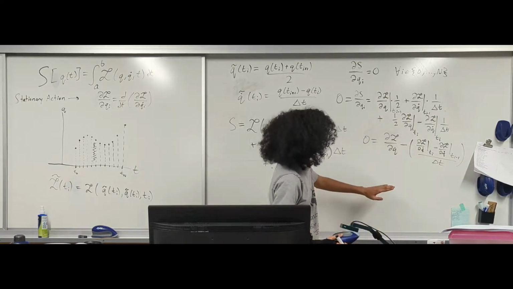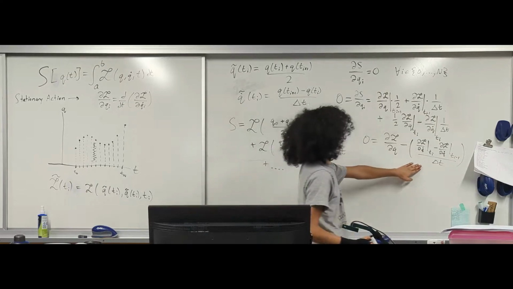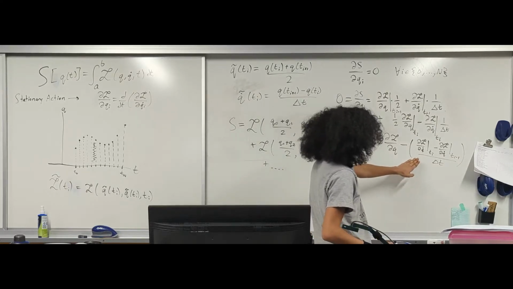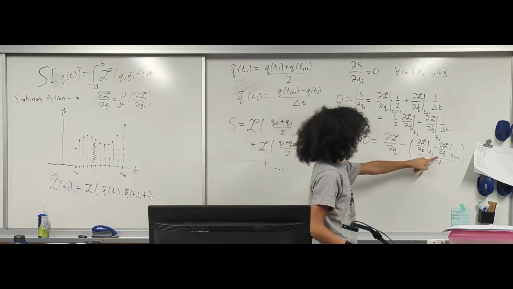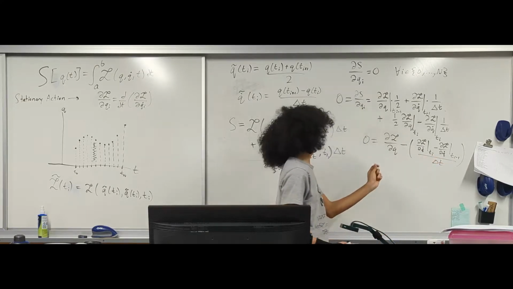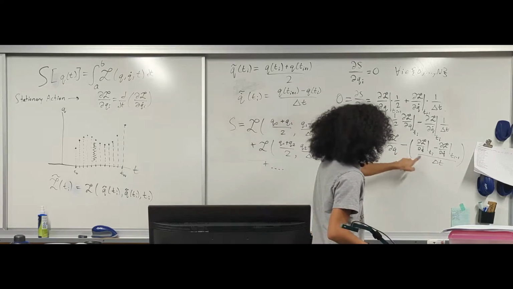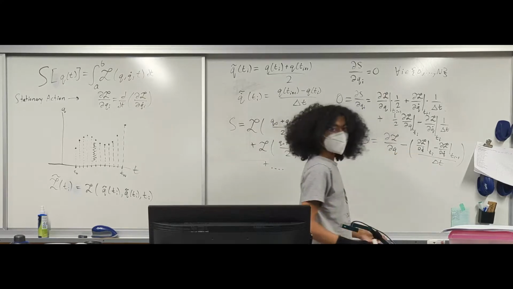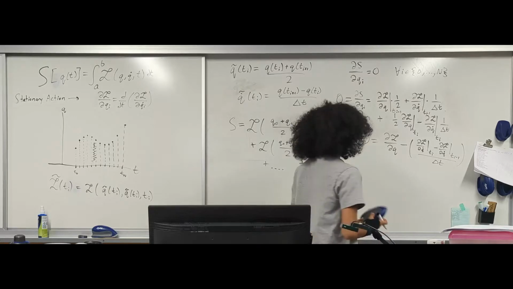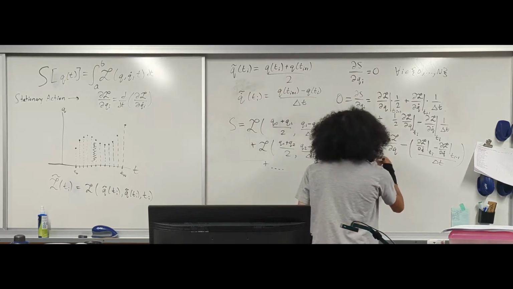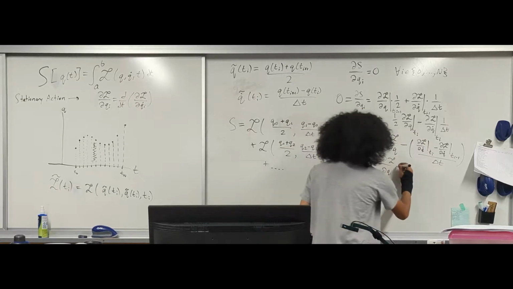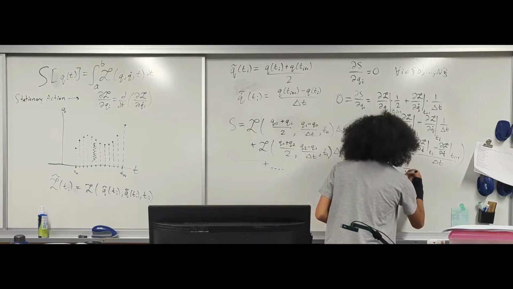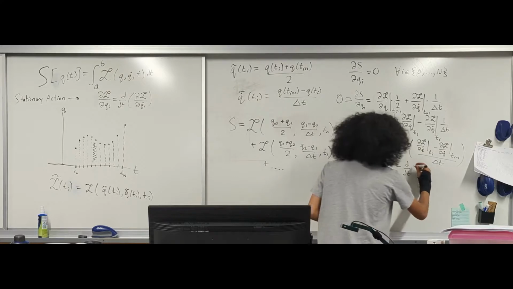And I know it's a bit slanted, but bear with me. If you take the limit as delta t gets very small, and these consecutive times get very close to each other, then what this becomes is a derivative. It's the time derivative of dL by dq dot.